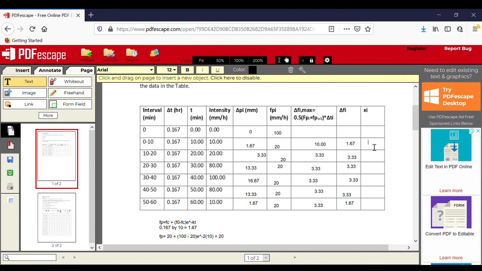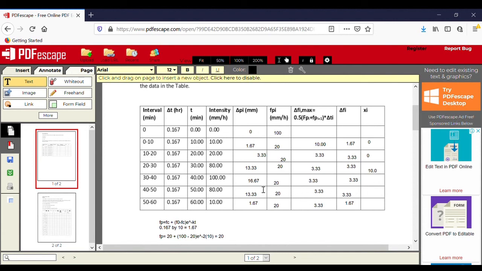For your excess, you're checking between change in P and change in F. So you're going to say 1.67 minus 1.67. This will give you 0. 3.33 minus 3.33 is going to give you 0. 13.33 minus 3.33 is going to give you 10.0.